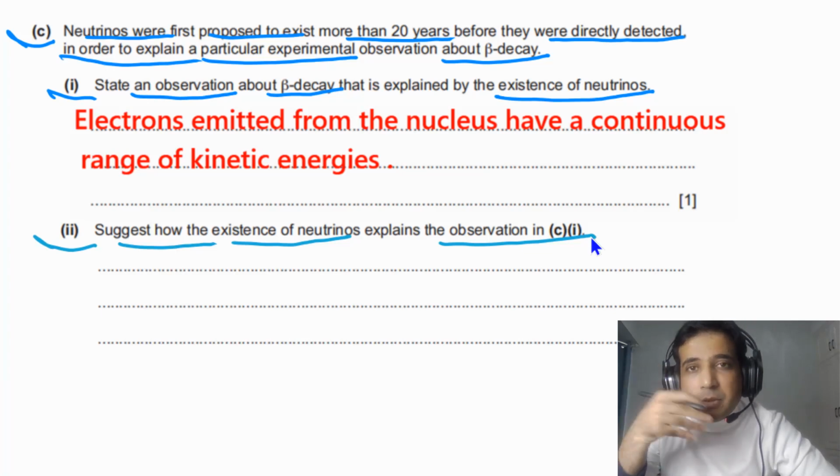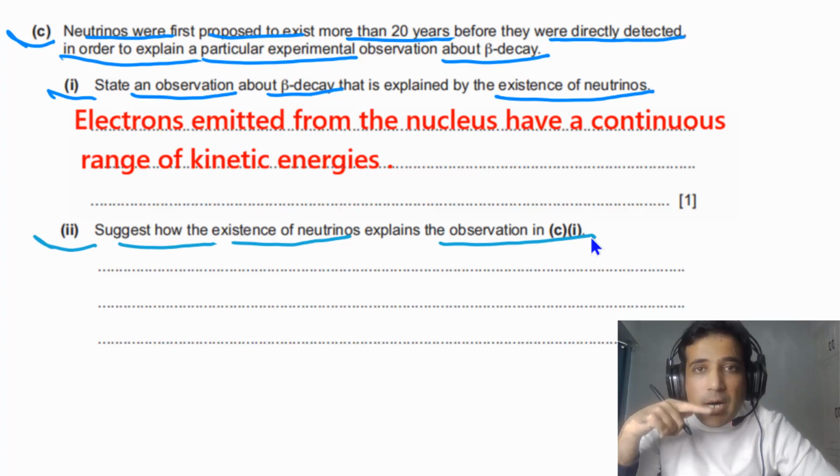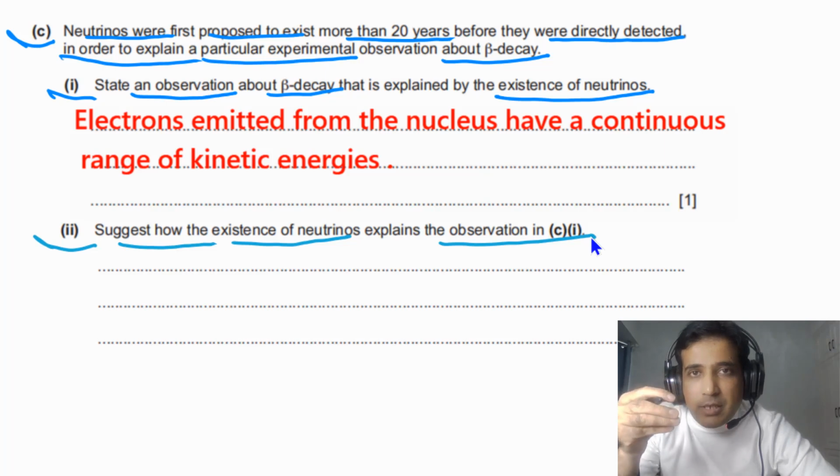So this is how neutrinos explain why beta particles have a range of kinetic energies, because the beta particle and neutrino share energy. That's the reason both of them have a range of kinetic energies.